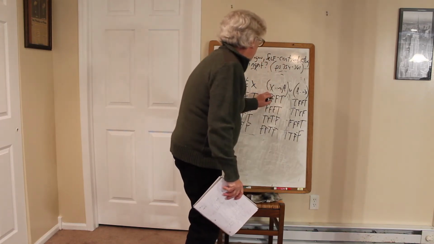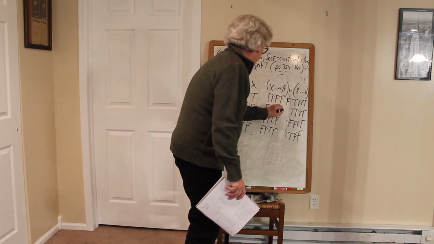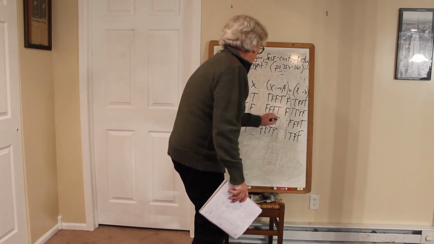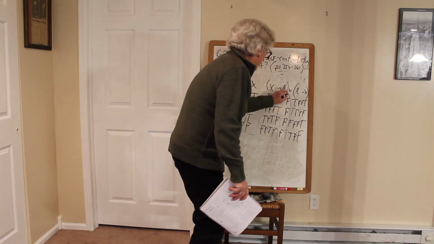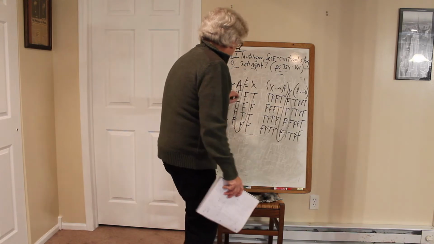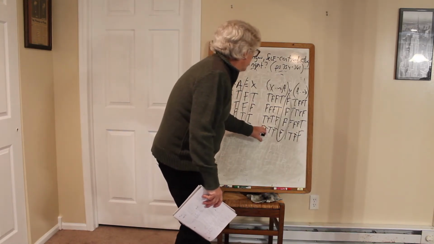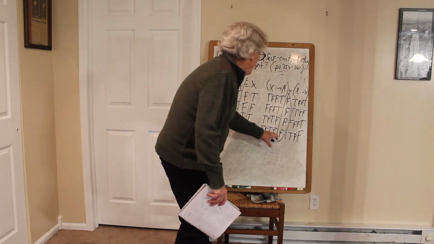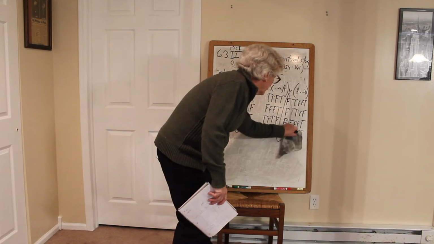Okay, so it's false and false is false, false and true is false, true and false is false, and false and false is false. So now you'll see under both main operators, three falses, wait a minute, it would be false or true. It should have been, sorry.